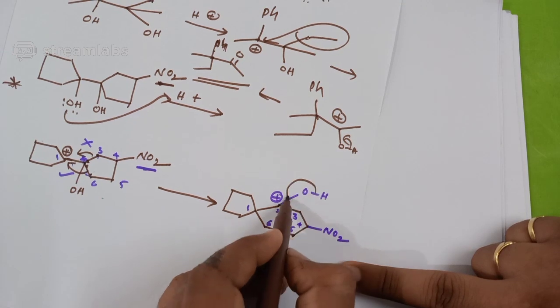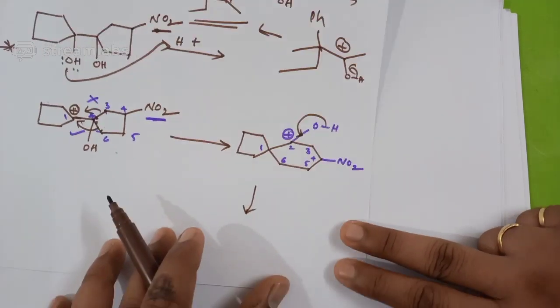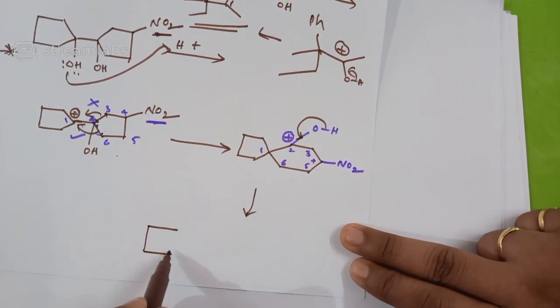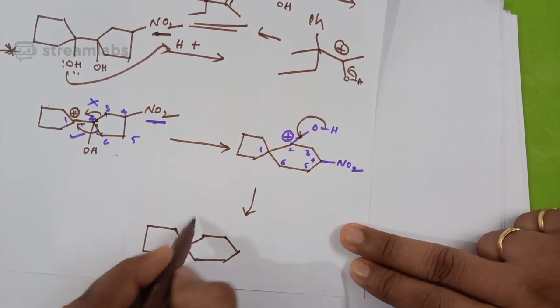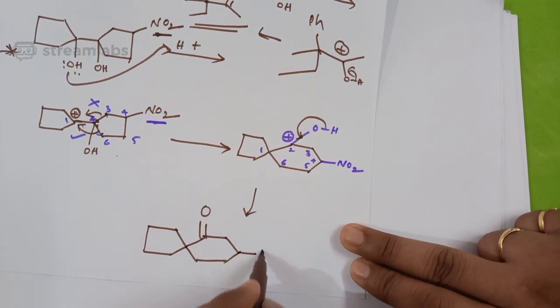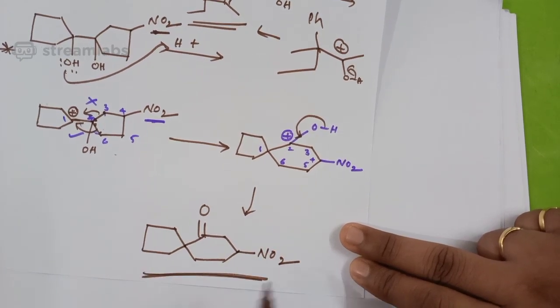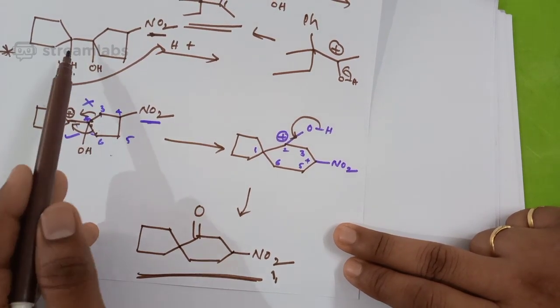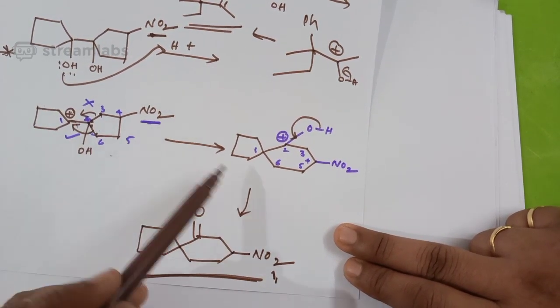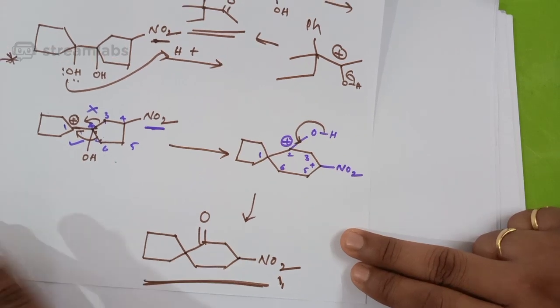H is removed and this bond shifts, and the final answer is this, no doubt at all. Okay, so first, which group is removed and ring expansion, those two we need to know.